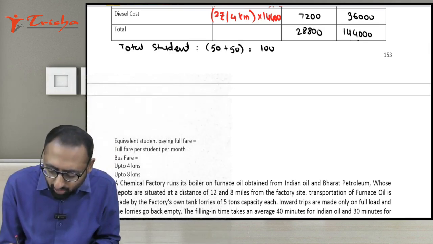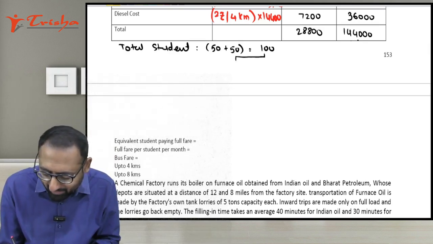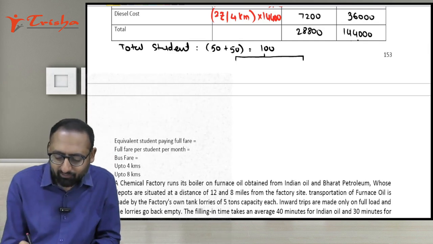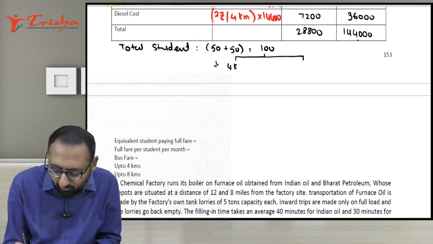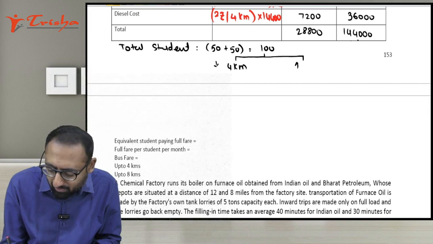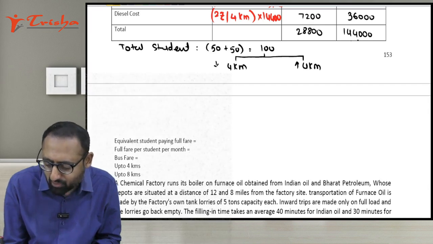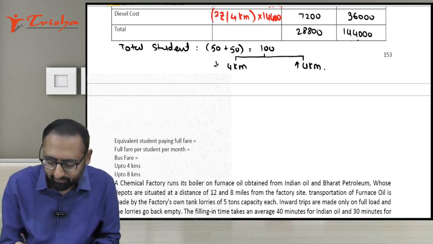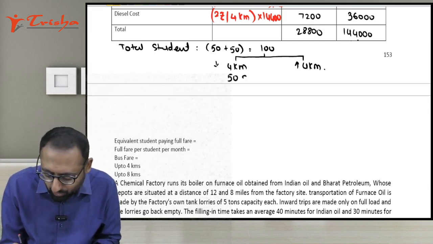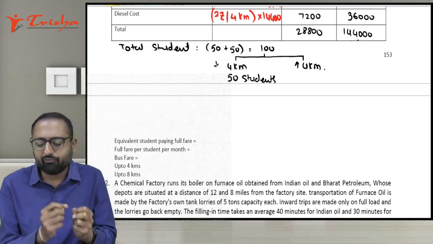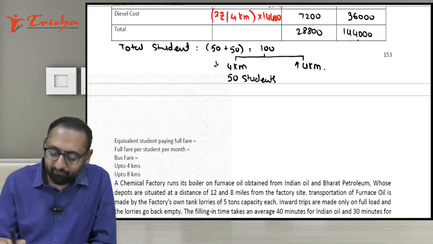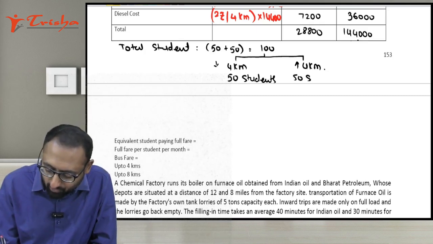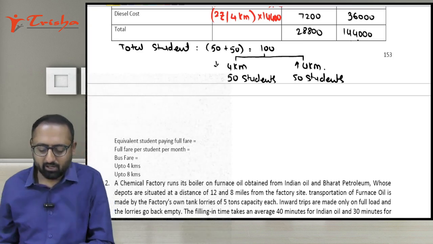And out of those 100 students, you can check the students coming within 4 kilometers of the school and students coming beyond 4 kilometers of the school. 50% of the students are coming within 4 kilometers of the school. So 50 students are coming within 4 kilometers from the school, and 50 students will come beyond 4 kilometers from the school.